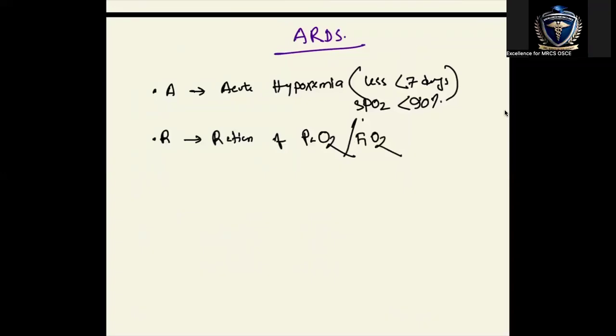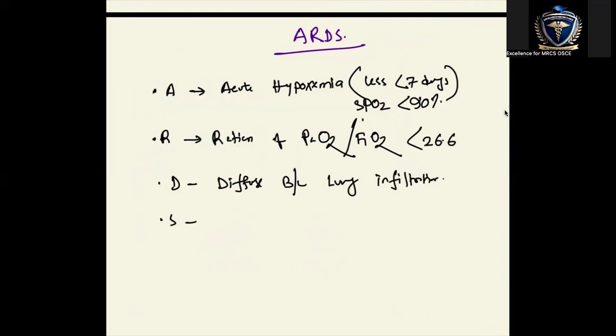We will discuss these later, and this index will always be less than 200. Then D is for diffuse bilateral lung infiltration, and S stands for Swan-Ganz catheter to measure pulmonary capillary wedge pressure, which is less than 18 mmHg.